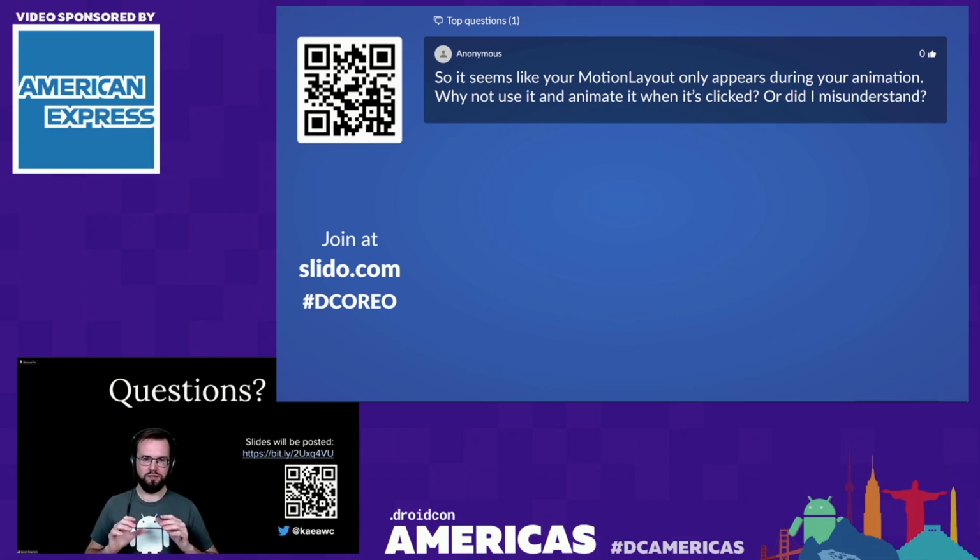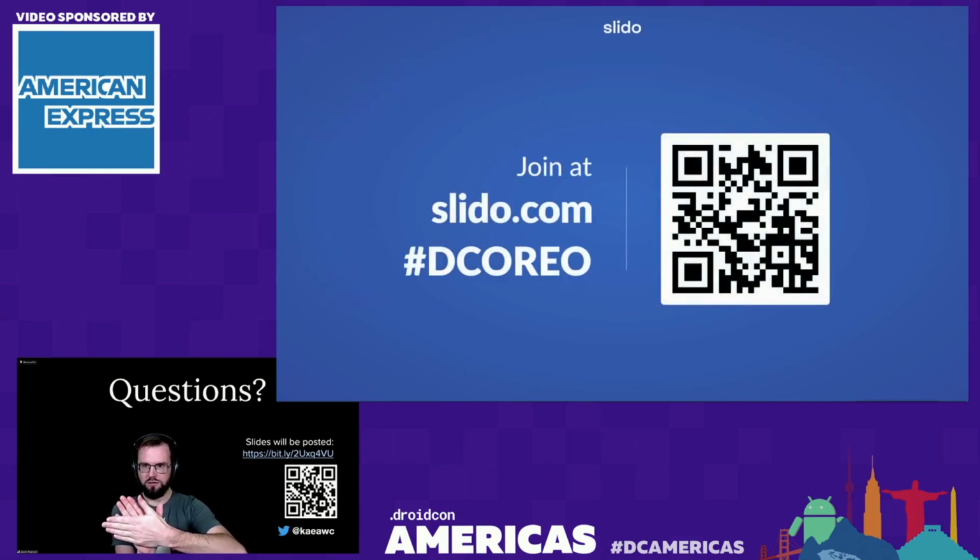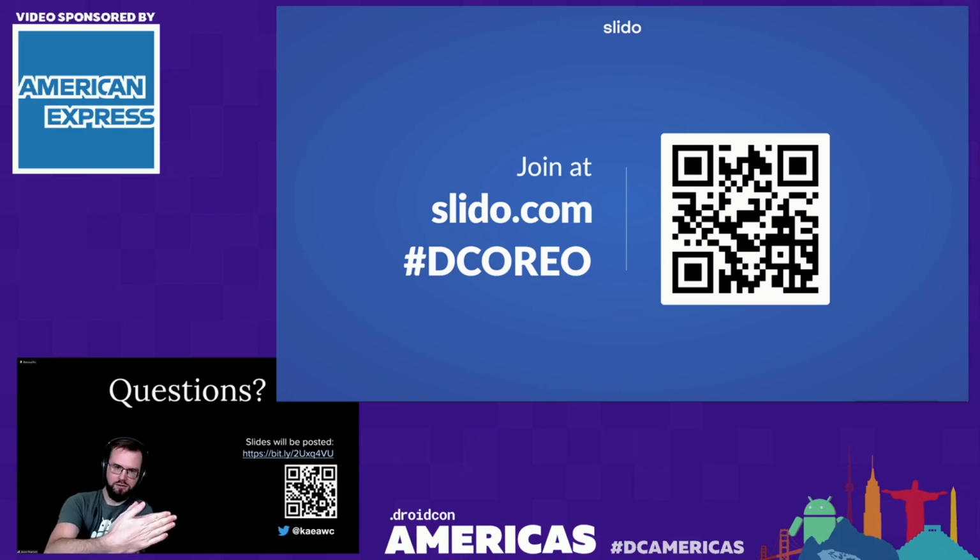When I was showing that really cool card flip transition at the end of my talk, there was a RecyclerView that was horizontal, and you could swipe from card to card in an infinite list. And when you clicked on one of those cards, a MotionLayout appeared and then showed the placeholder in question as well as the card.